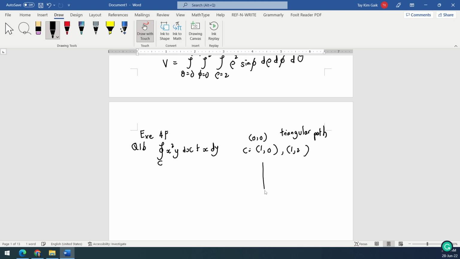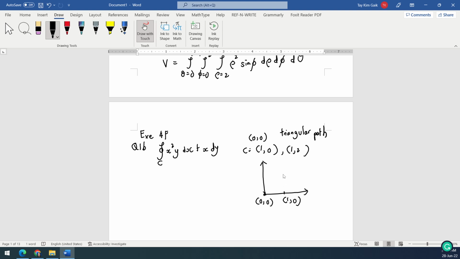So you draw the curve C. From the origin here, (0, 0), and then (1, 0), where x is 1 and y is 0.